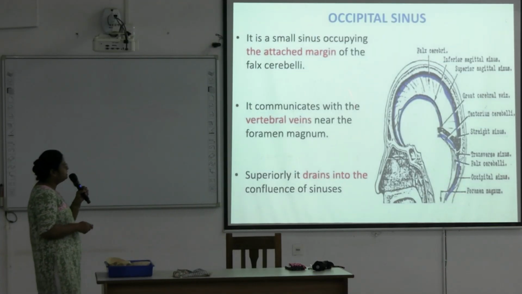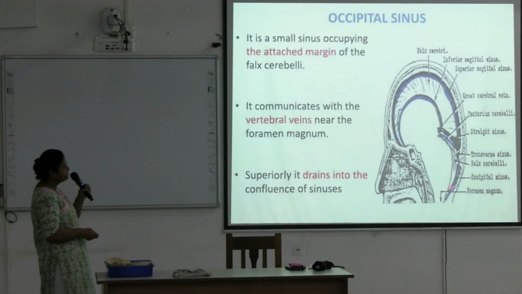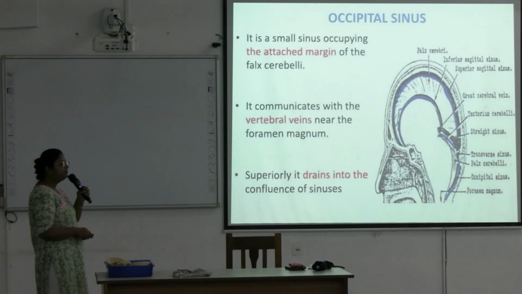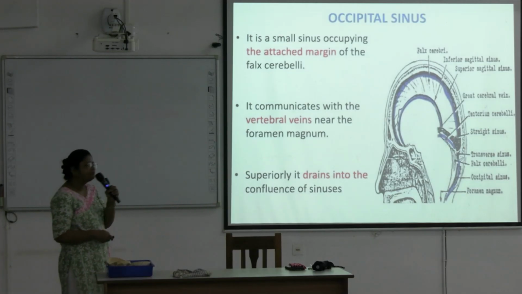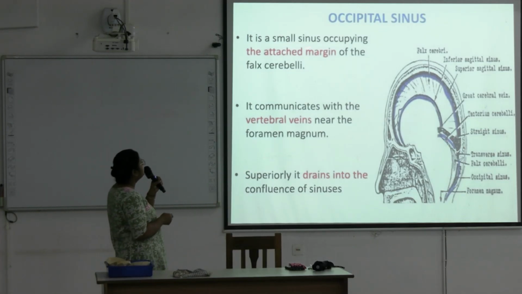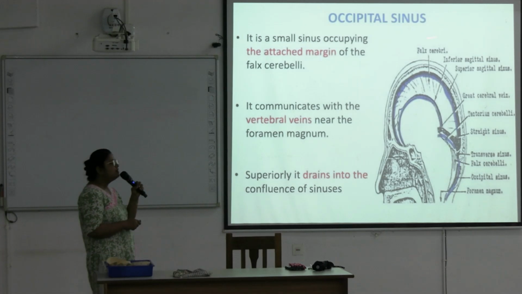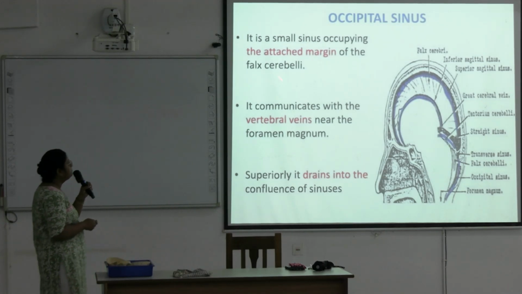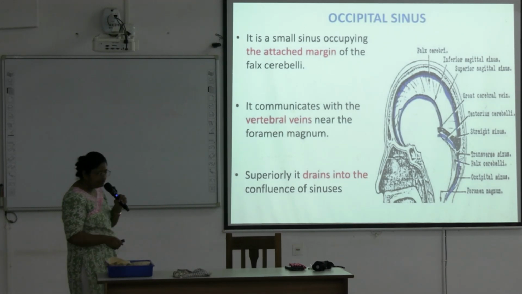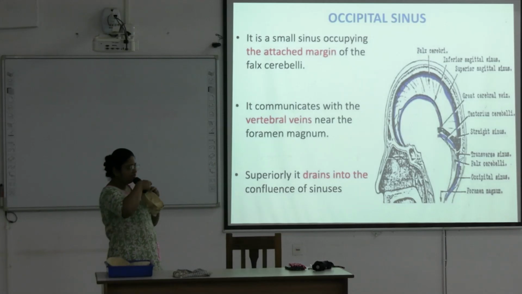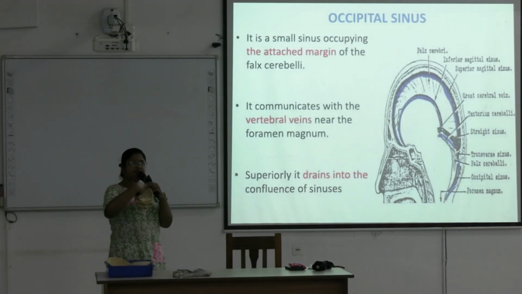Next we go to the occipital sinus. Here is the location of the occipital sinus. From the confluence of sinuses, it extends downward along the internal occipital crest. So the occipital sinus is a small sinus occupying the attached margin of the falx cerebelli. Here is the attachment. This is the posterior cranial fossa, the location of the cerebellum, and this is the internal occipital crest.